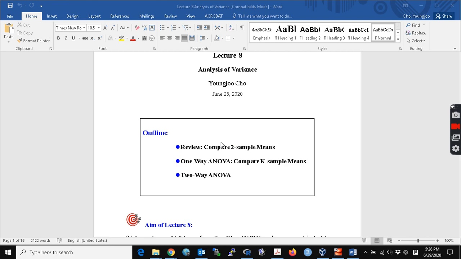For example, if you have a drug, then you have the treatment giving, say, 20 doses and 40 doses and 60 doses. Then this treatment is your factor, and the doses are your labels.